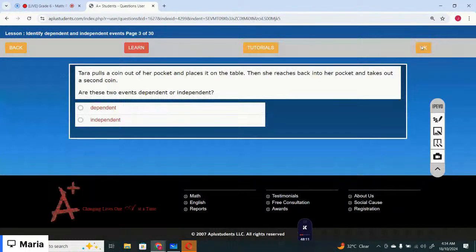She pulls one coin out and places it on the table. Now for the second event, she has three coins. So they are dependent events, right? If the outcomes are not the same for both the events, then they are dependent events. So the correct option is dependent events.